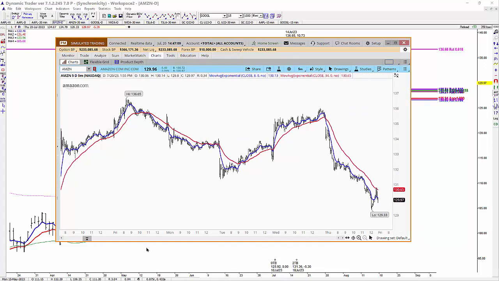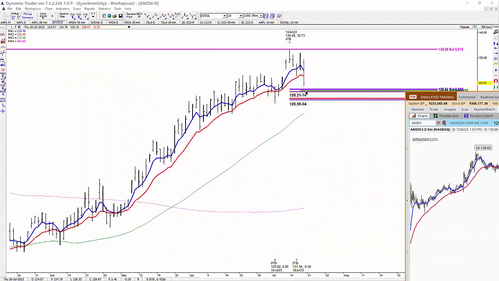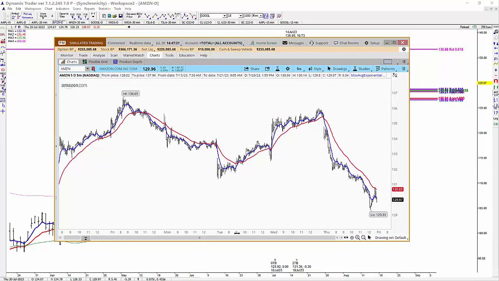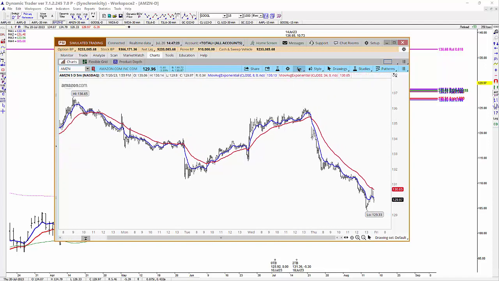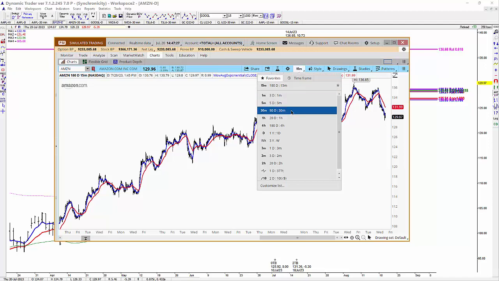So you have to decide what time frame you're trading. Are you more interested in the swing trade against the larger support when it finally triggers? Or are you interested in scalping the market during the day and finding setups on a 5-minute or a 15-minute chart or the 30-minute charts that I use?